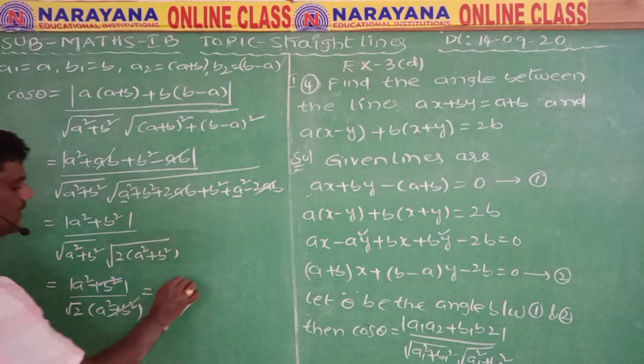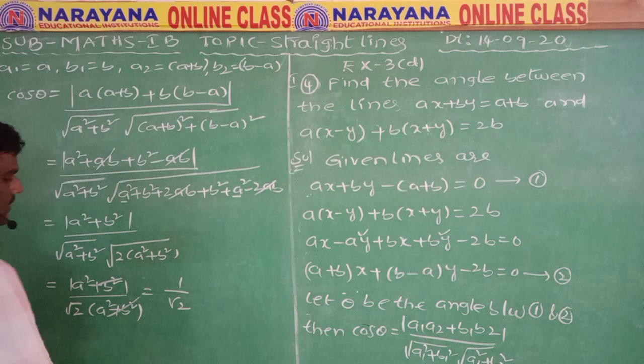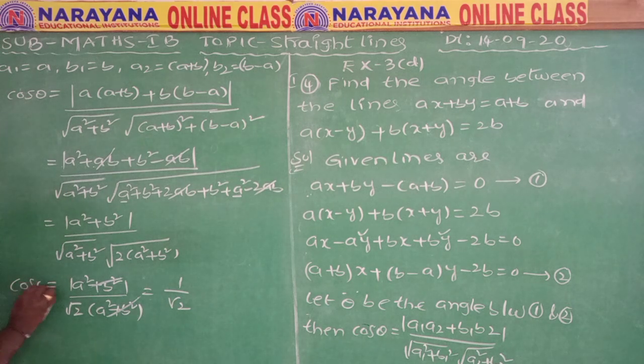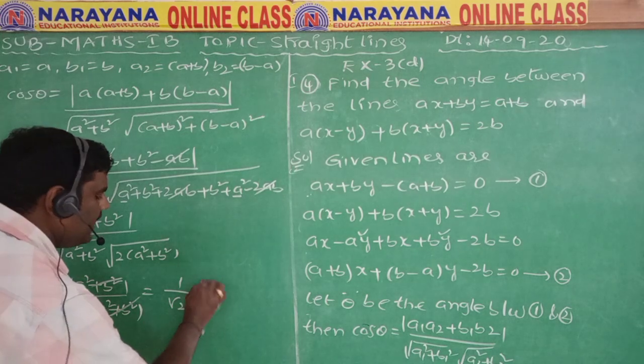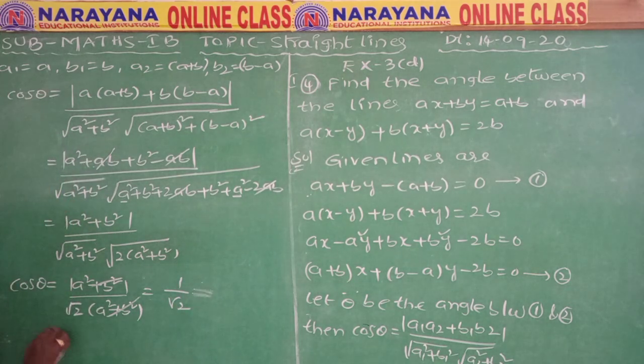This one gets cancelled, giving 1 by root 2. Therefore, cos theta is equal to 1 by root 2. Then theta is equal to 45 degrees.